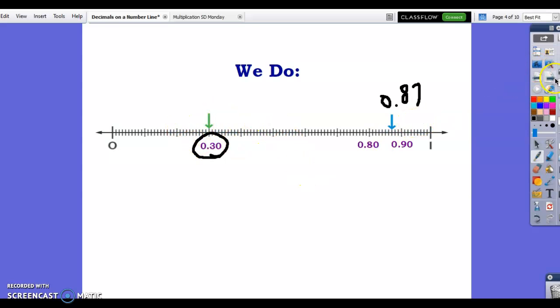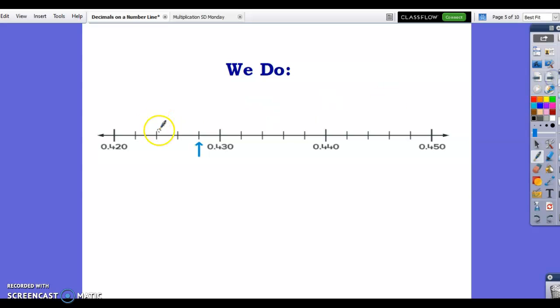And so this next one is the one I really want you to see. It's like zooming into our hundredths, breaking it down to even smaller. Now it's our thousandths. So we have 42 hundredths, or 420 thousandths, and then 430 thousandths, 440 thousandths, 450 thousandths. And if we look in between, it's skip counting by twos.